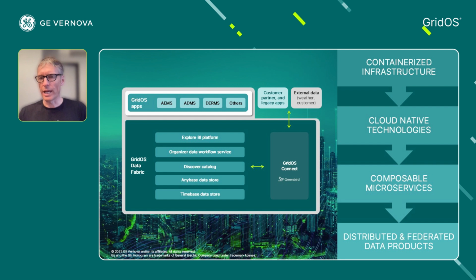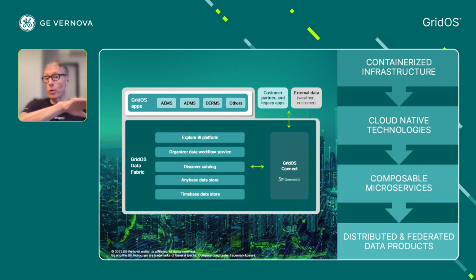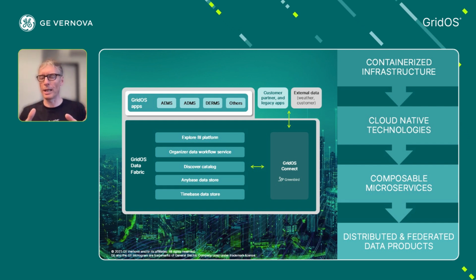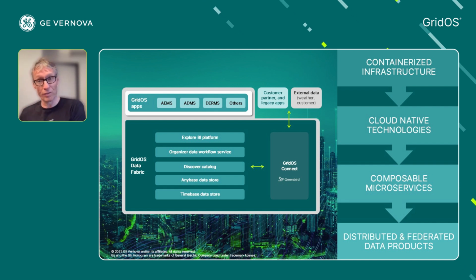You would use GridOS Connect to integrate all the disparate data sources at scale. And if you have to traverse IT-OT or OT-IT, then you can configure the platform to securely manage and enable a bi-directional connection or message exchange between the different platforms. GridOS Connect also provides a series of templates to integrate with third-party applications, not only GE Vernova applications.